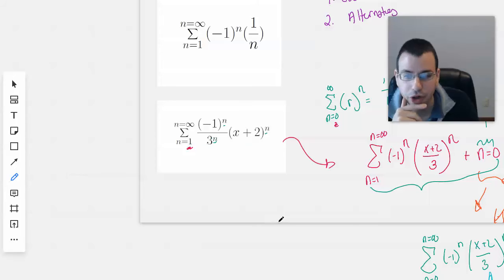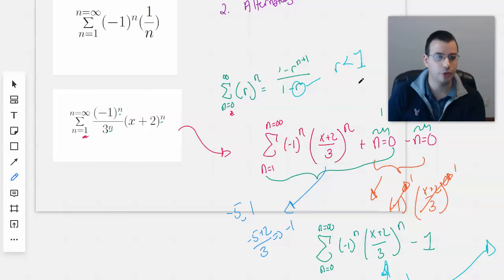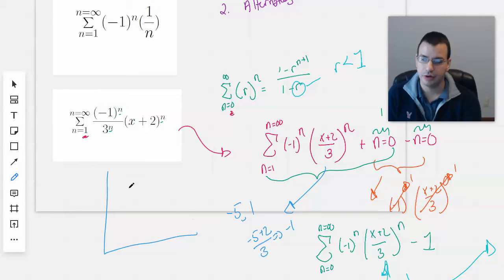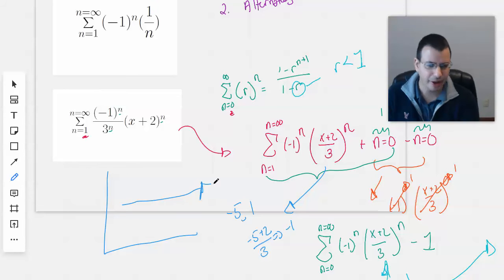And so what we're going to do is look at the endpoints, negative 5 and 1. I'm going to use this equation over here because it's easier on the eyes. If we plug in negative 5, we have negative 5 plus 2, which is negative 3, divided by negative 3, which is negative 1. Negative 1 would not be less than 1, so negative 5 will not work, because we would get something that would be straight.